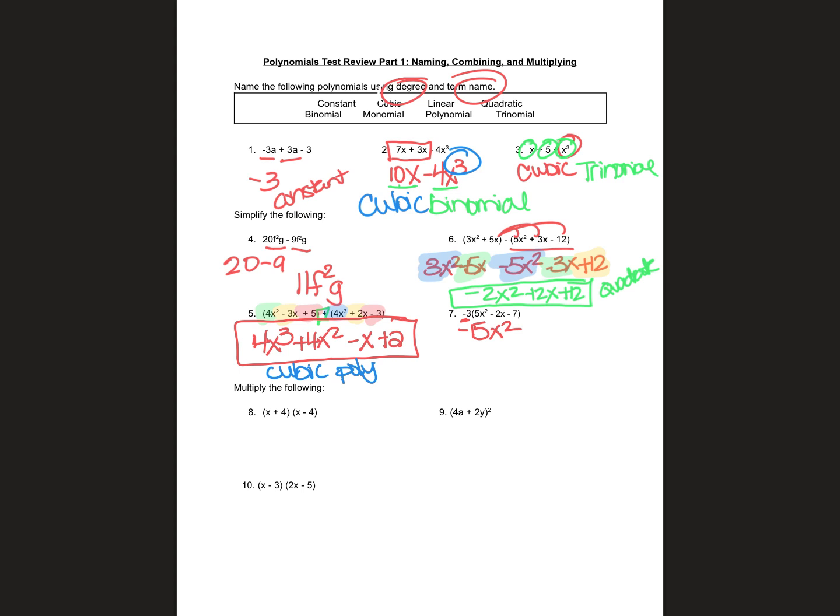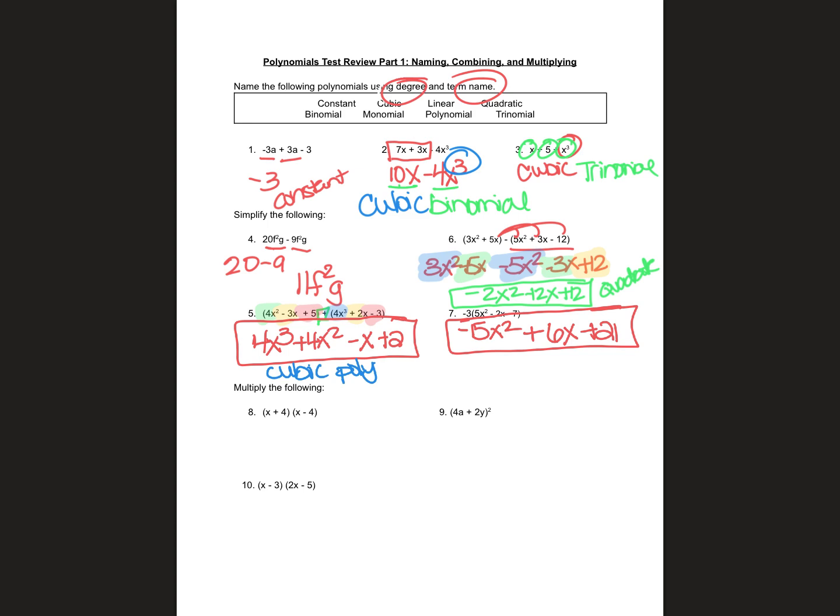Well, negative times a negative is a positive. Okay, 3 times 2 is 6, and I tack on my x. And finally, that negative 3 multiplied by the negative 7, negative times negative is a positive 21. Final answer.